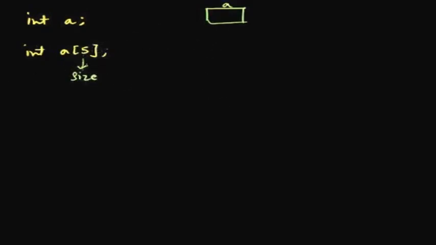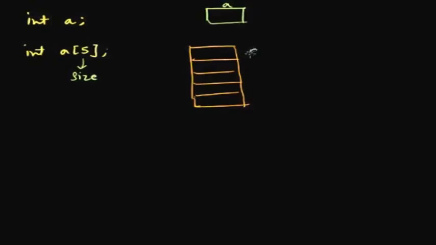As the size is 5, it will reserve 5 blocks of memory. So this is 1 block, 2 blocks, 3 blocks, 4 blocks and 5 blocks. And regarding names, in this case we will have names like this. The first block will be named A0, second will be named A1, third will be named A2, fourth will be named A3, and fifth will be named A4.